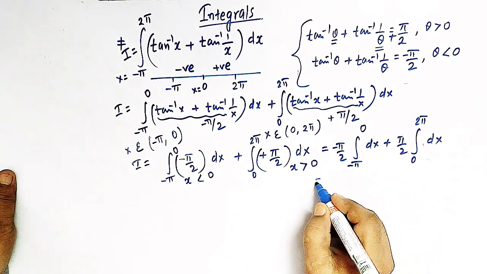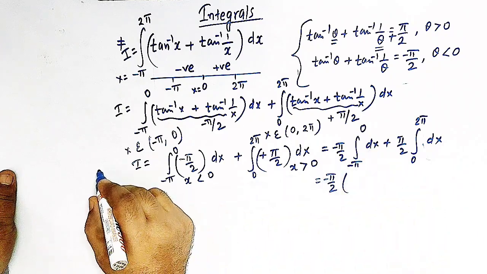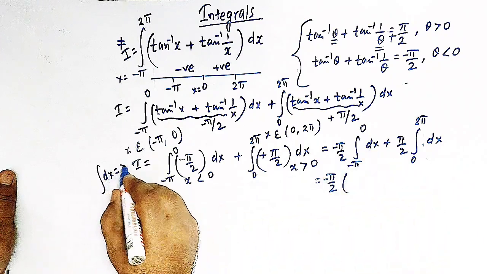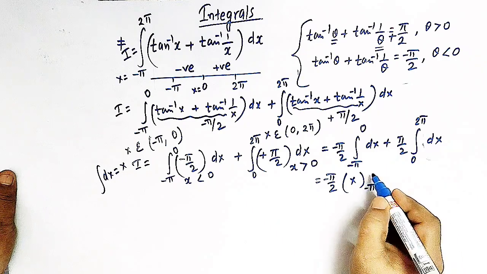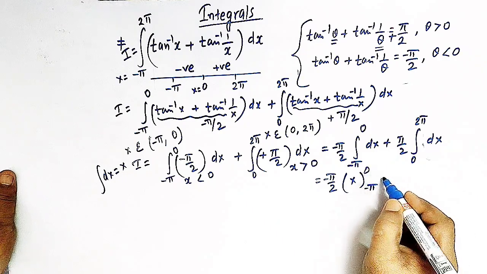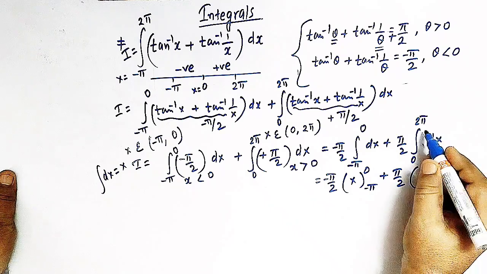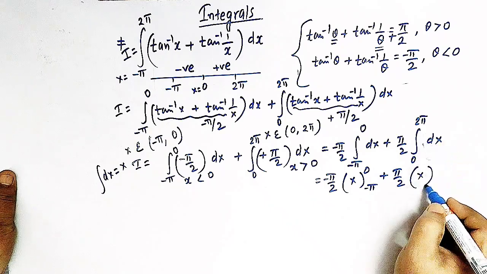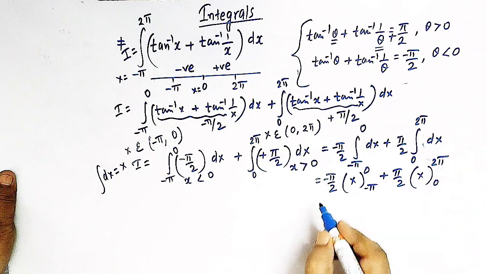Now we have minus pi by 2, and the integral of dx is simply x, with limits of integration from minus pi to 0, and here we have pi by 2, and the integral of dx is simply x, with limits of integration from 0 to 2 pi.